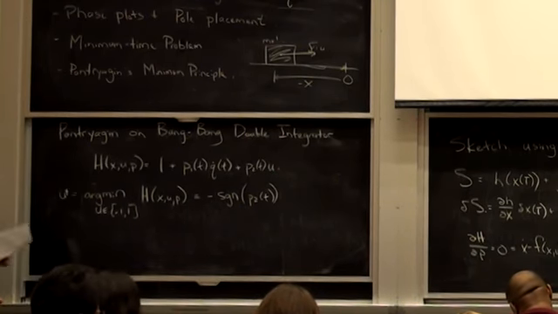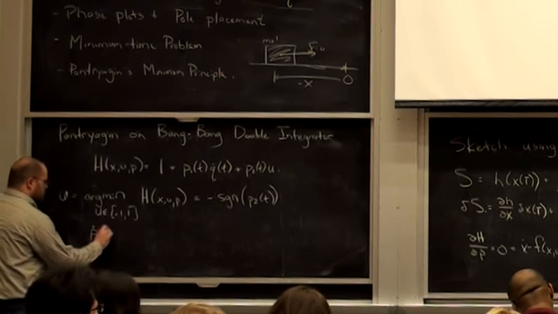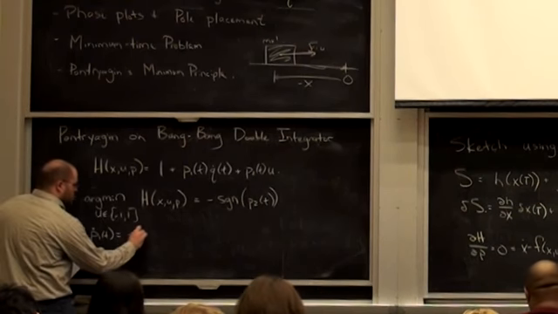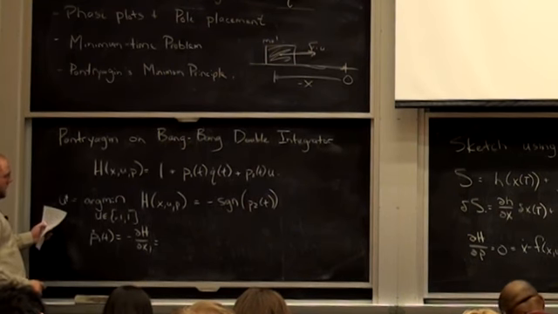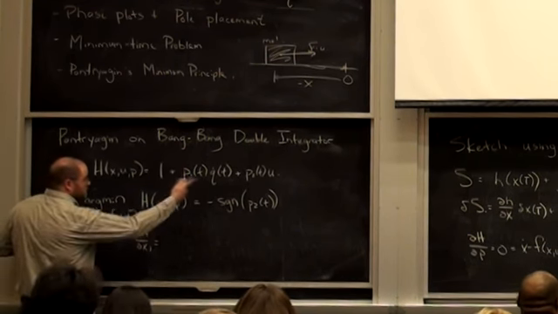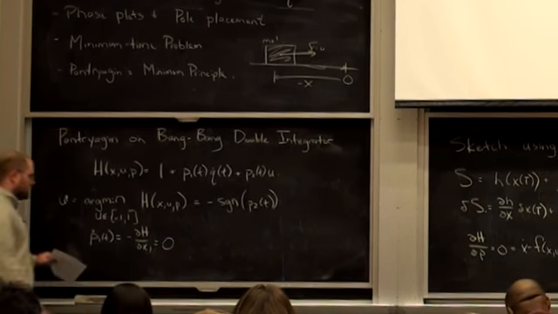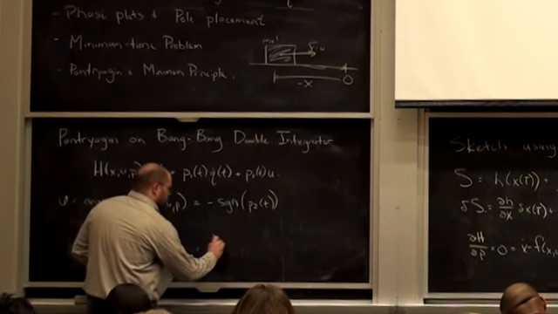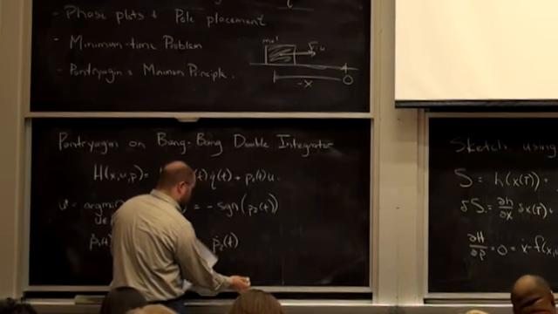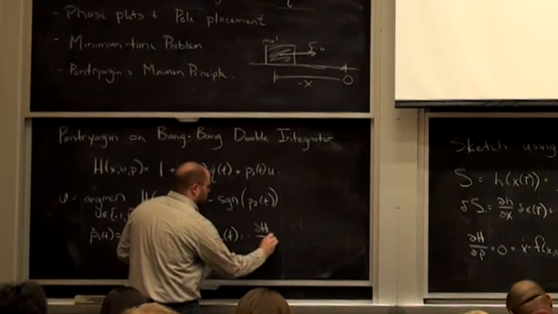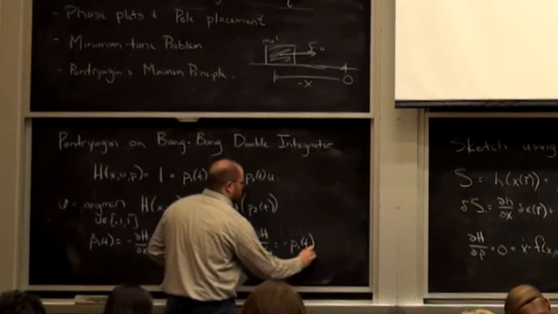My equations for p are pretty painless. p1 dot is negative partial h partial x1. x1 is q, so it doesn't appear at all. That's 0, so that Lagrange multiplier isn't going to change at all. That's pretty painless. And p2 dot is negative partial h partial x2, and that's negative p1.